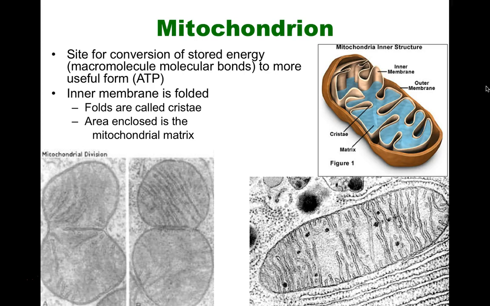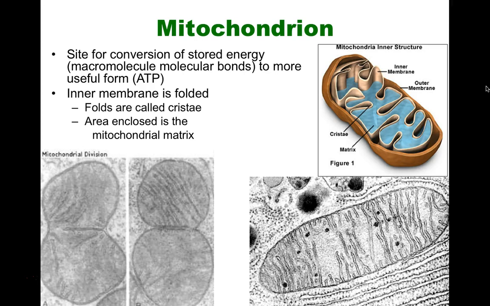Mitochondria are usually illustrated in most textbooks and in most photos as having this sort of hot dog or sausage shape, but for certain types of cells, mitochondria can have very different types of shapes. But the general configuration and the general common feature for all mitochondria is that it's a 2-membrane structure.